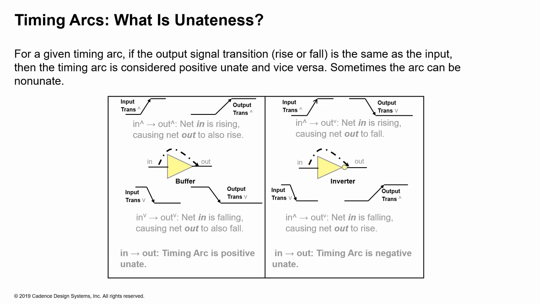For a buffer, you can say it's going from 0 to 1, and the output is changing from 0 to 1 at the same time. That gives you clues into how to determine the unateness of each individual timing arc. In certain cells, there are multiple inputs, so we have to look at each timing arc to determine its unateness. For every input to output relationship, that is one arc.